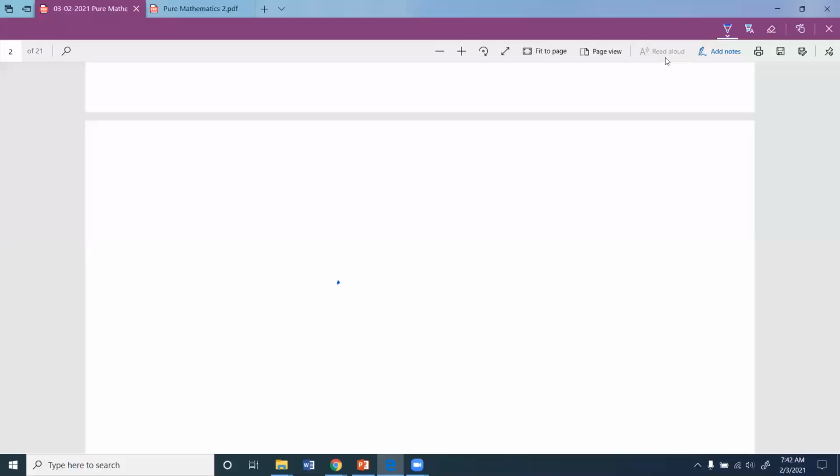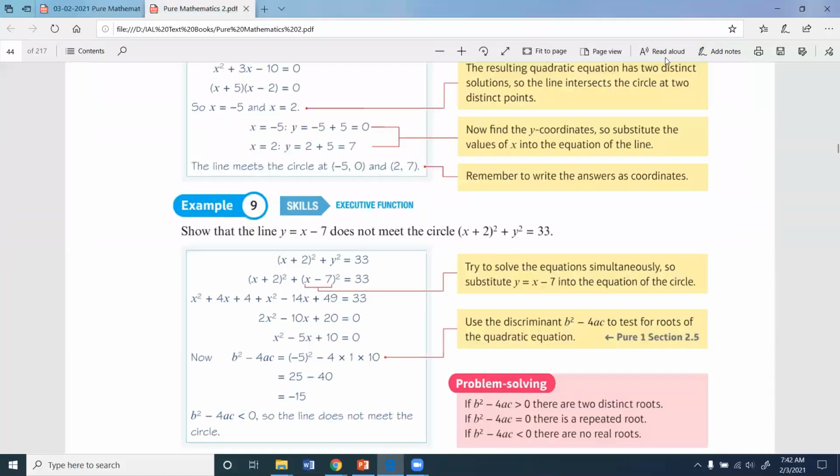Then let's try to understand how to do a question like this. Come to this example: show that the line y equals x minus 7 does not meet the circle (x plus 2) squared plus y squared equals 33. That means it does not make any intersection, but we use the same technique.